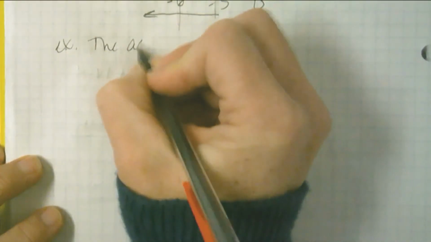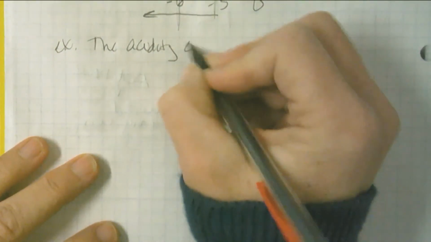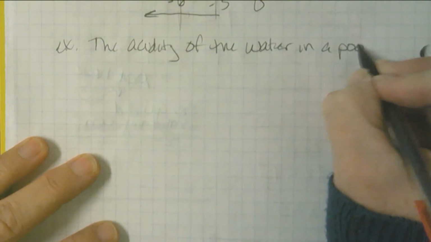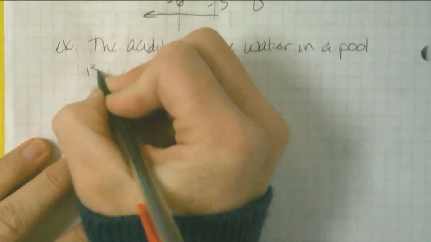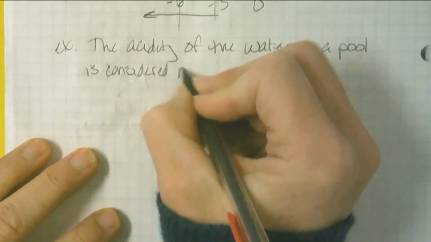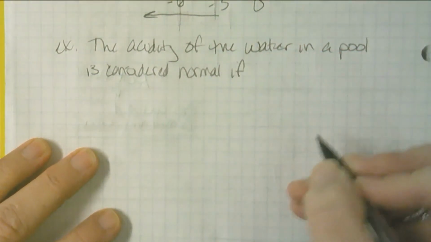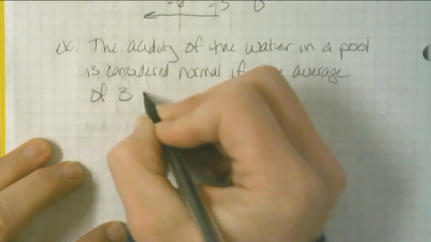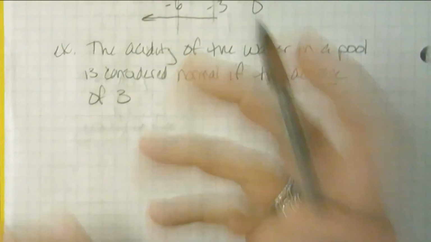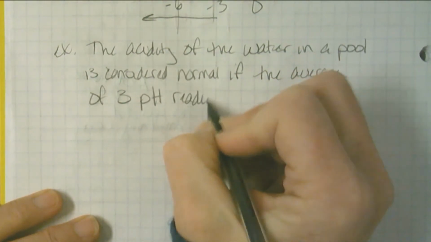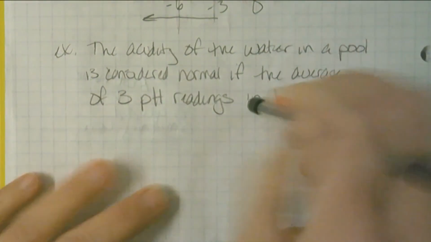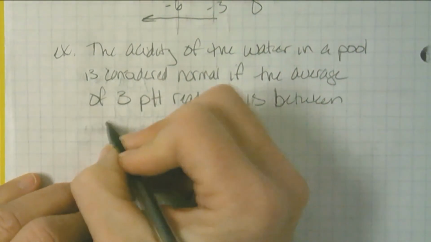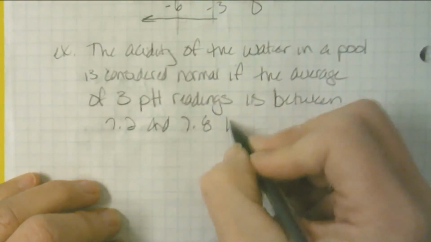So the acidity of the water in a pool is considered normal if the average of three pH readings is between 7.2 and 7.8 inclusive.